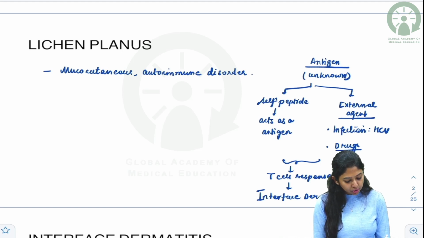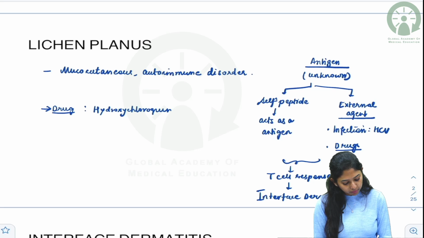Before that, let's look at drugs that can lead to lichen planus or lichen planus like eruption. What are they? The one you have to remember is hydroxychloroquine. Another is ACE inhibitors.